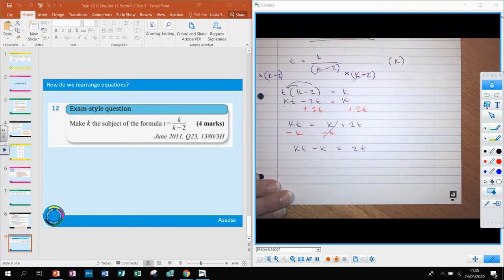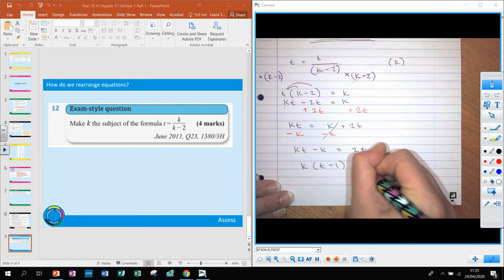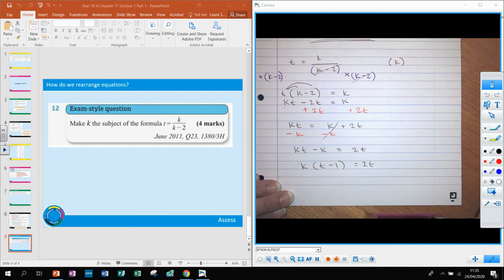Now we can factorize. k times t minus 1 is equal to 2t. And the final step is to divide by the t minus 1, which will give us k is equal to 2t over t minus 1.